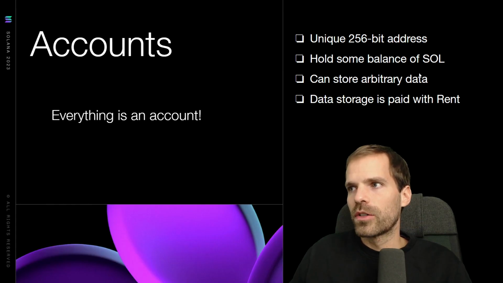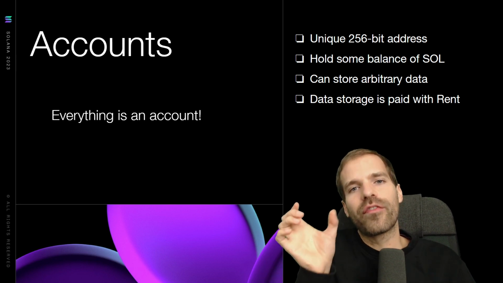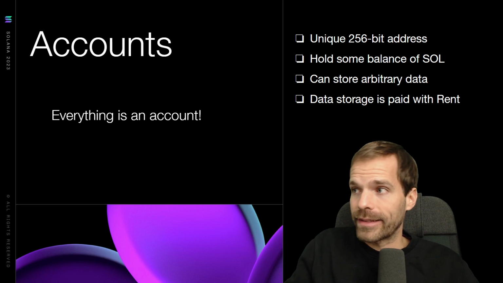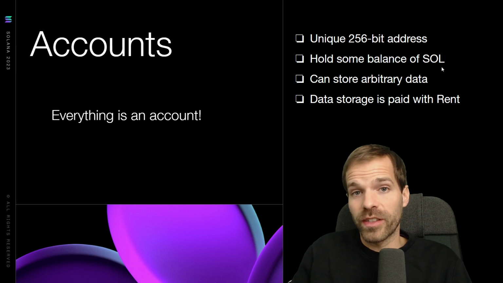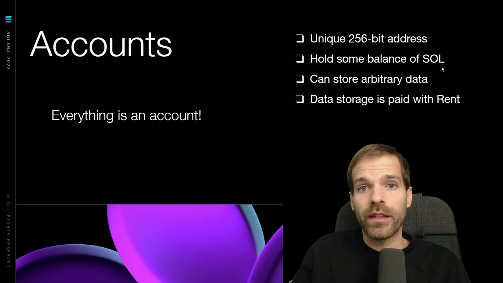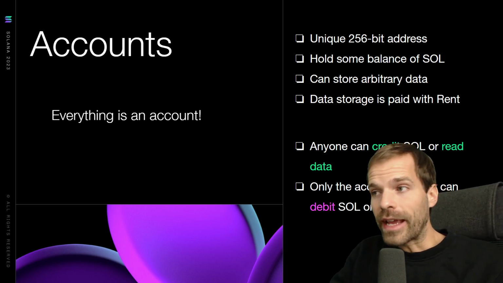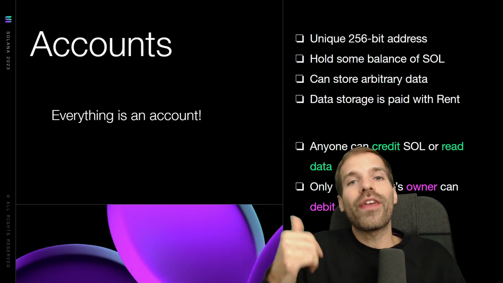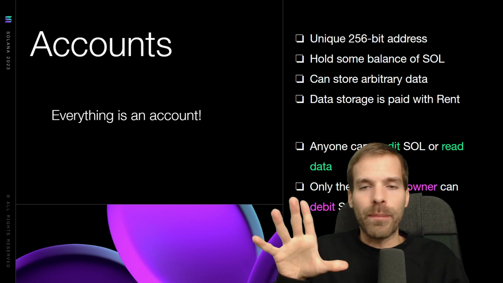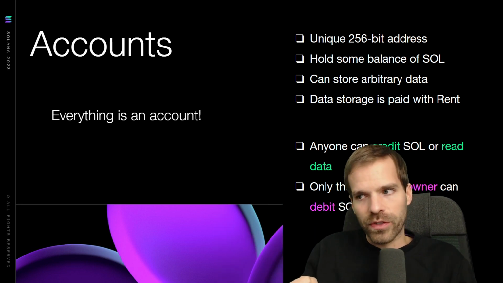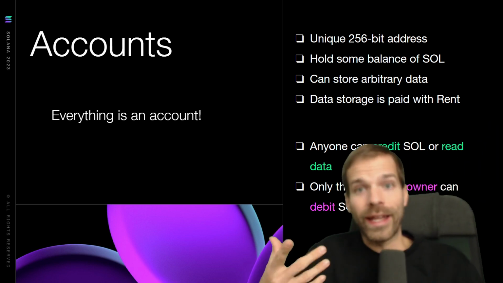Yeah, they can hold some Sol and they can store arbitrary data. They don't have to, but they can have allocated memory for storing bytes. But the more you want to store, the more rent in Sol you need to deposit such that you're allowed to have that account be that big. And now this is interesting because anybody can put Sol onto any account, but only the account's owner is allowed to debit, so remove lamports, or also modify the data, so write to that account.